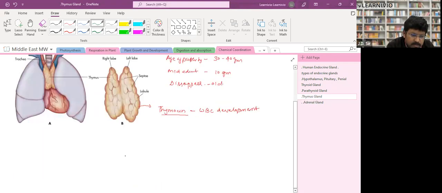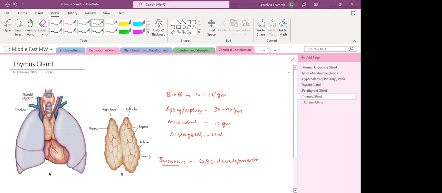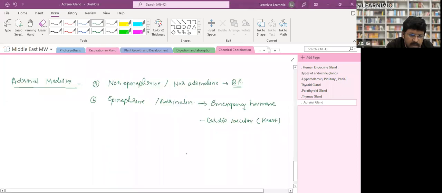No, thymus is not known as emergency gland. Adrenal gland is the gland of emergency, and this hormone, epinephrine, is known as emergency hormone.